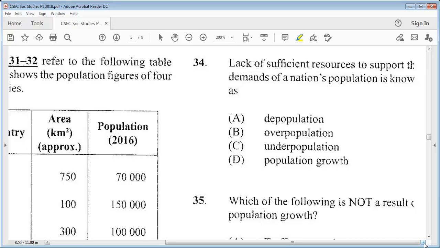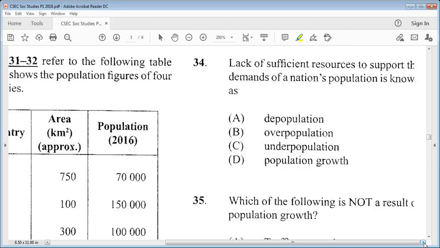So what is depopulation? Well, we know depopulation is a reduction in the population. B, overpopulation. This is a condition where the resources of an area or a country are not sufficient to adequately support the population in that area or country.